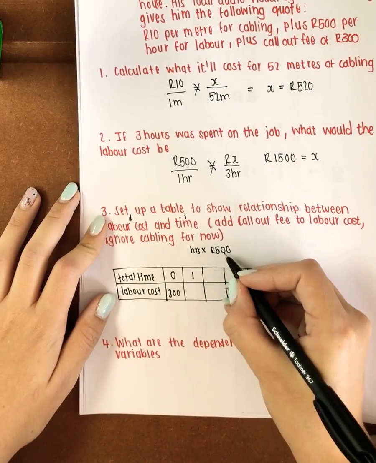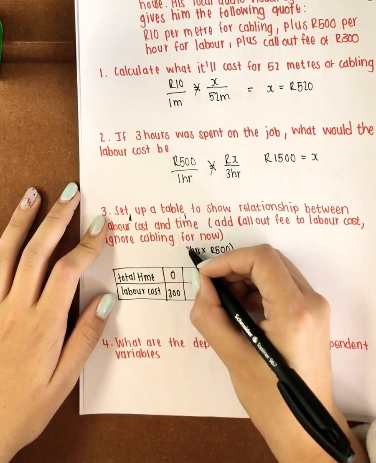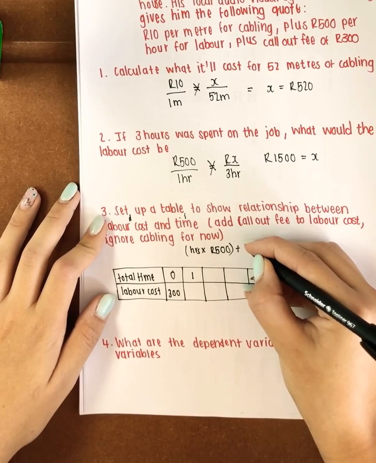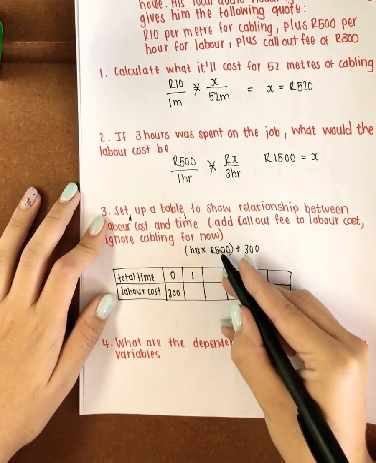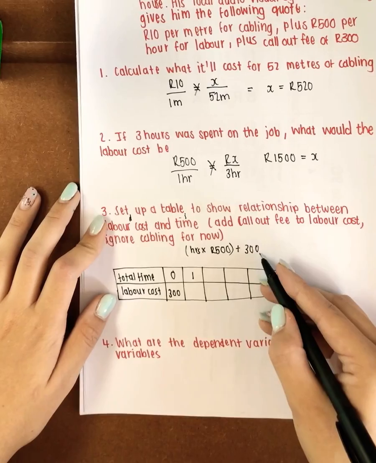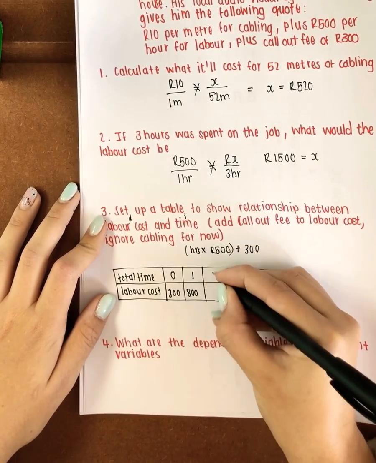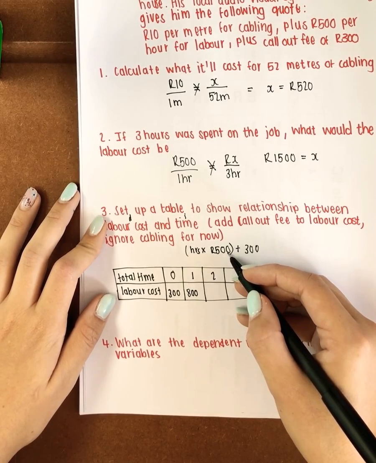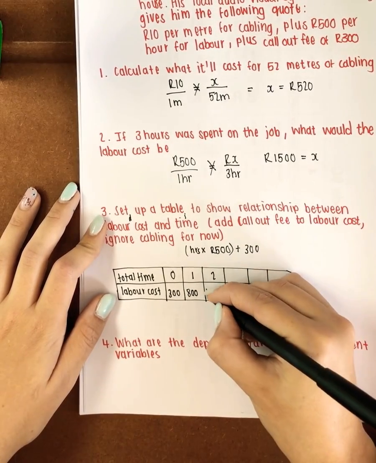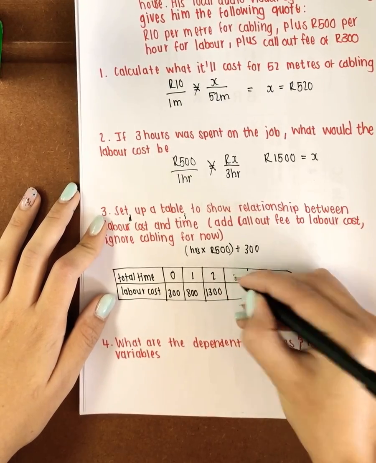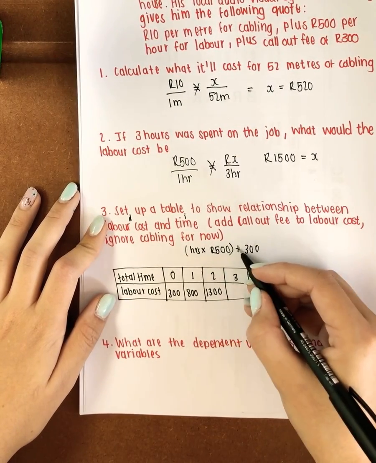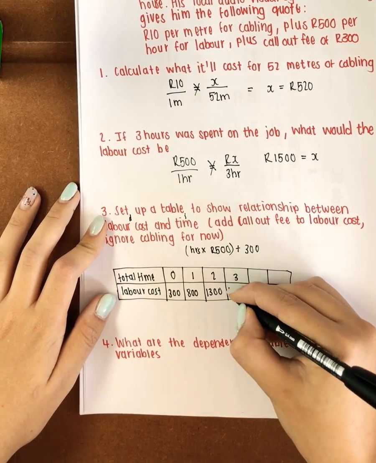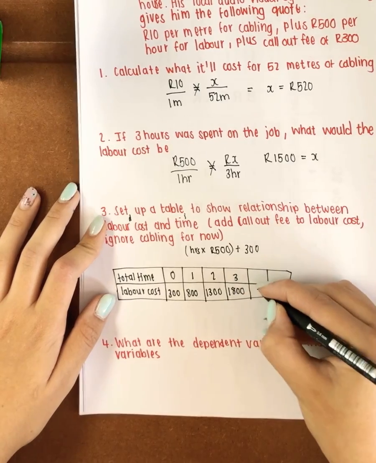So I take 1 times 500, okay, which is 500, and then I have to add the call out fee like they told me, which is 300. So 1 times 500 gives me 500, plus 300 gives me 800. If I do 2 hours, so 2 hours times 500 gives me 1,000 plus 300, 1,300. 3 hours. 3 times 500 gives me 1,500 plus 300, which gives me 1,800, and you can carry on.